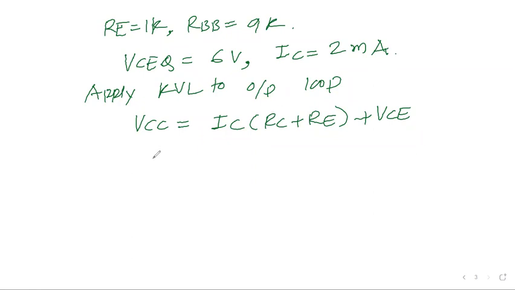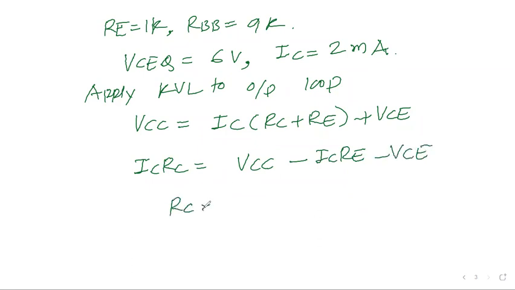So if I simplify, IC RC is equal to VCC minus IC RE minus VCE, divided by IC.